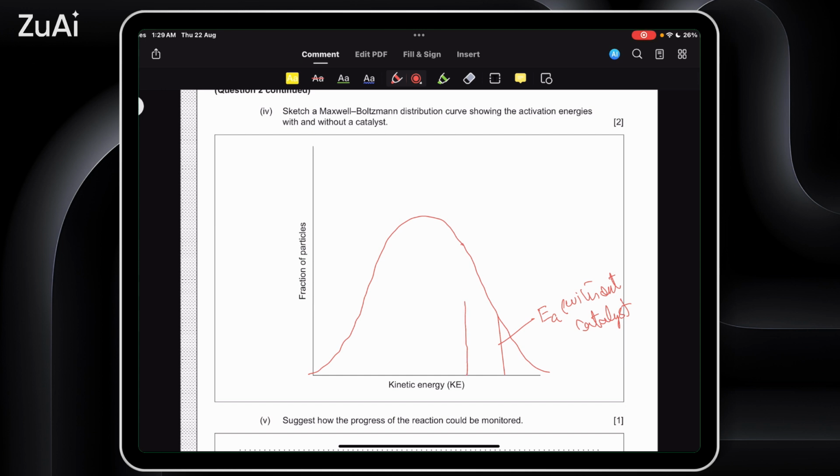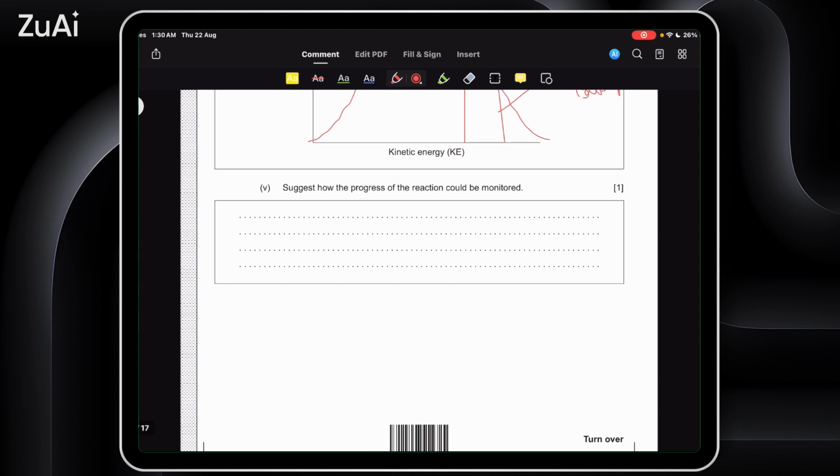So with catalyst, it should be here. So this is the activation energy with catalyst. That's how you have to draw.